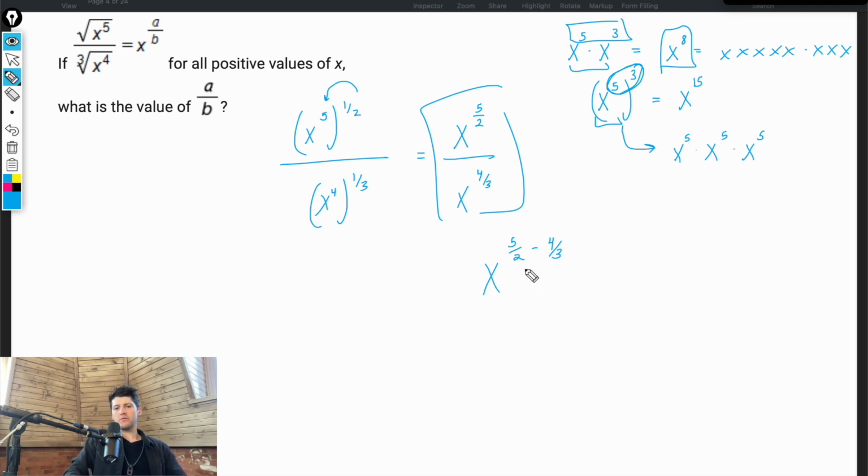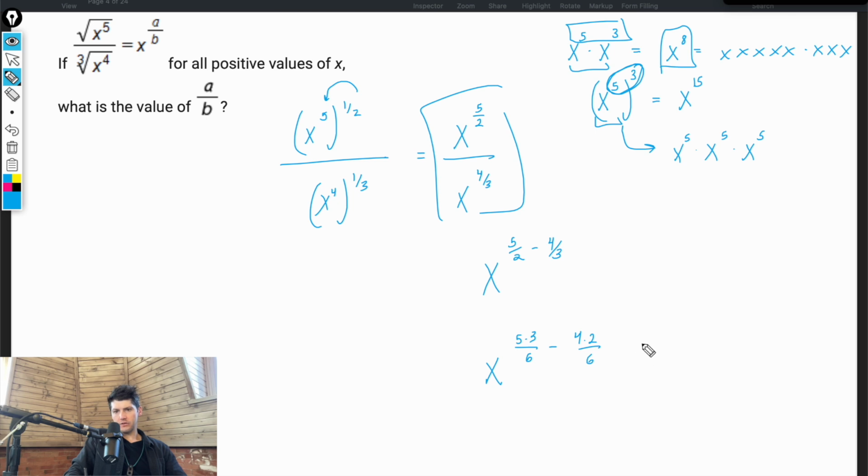In order to subtract these, we need a common denominator, which will be 6, right? 5/2, halves and thirds, we can make into 6s. So this would be 5 times 3 over 6 minus 4 times 2 over 6.